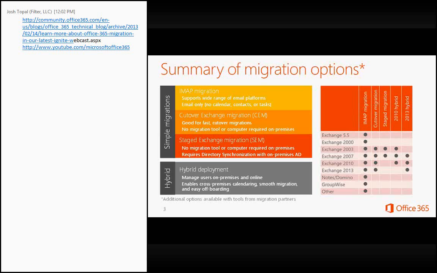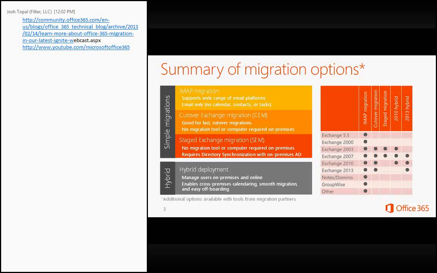We've then got the cutover Exchange migration, CEM, for organizations running Exchange on-premises. We essentially use a web-based tool to migrate the entire Exchange organization and all the mailboxes, including appointments and meeting requests, contacts and tasks, straight over to Office 365.